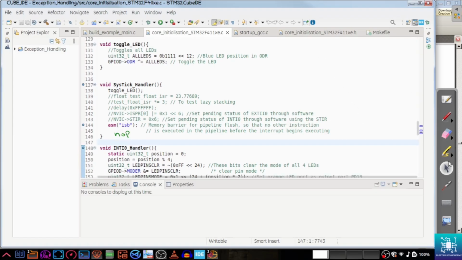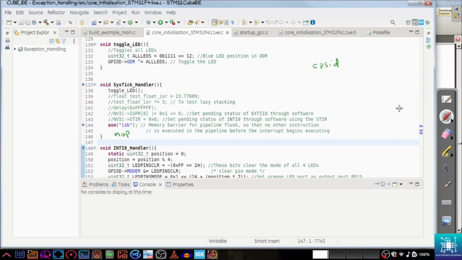Now this is the reason. When you have a CPSIE instruction executed, suppose we did a CPSID instruction before, and that is to disable all interrupts. We saw that before: when we are setting up some interrupt, we disable all interrupts so that no interrupts disturb the settings which we did.